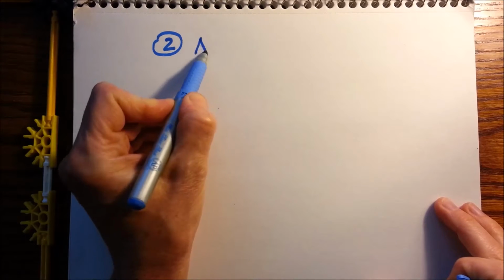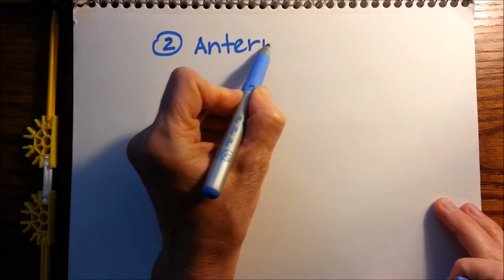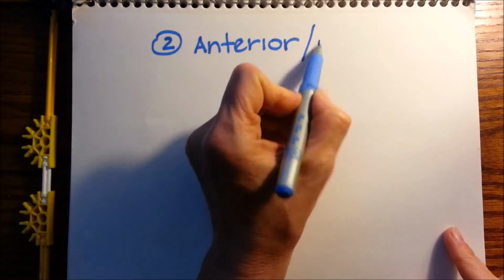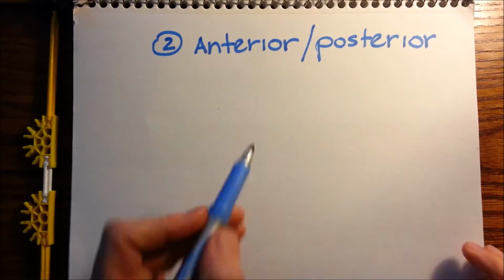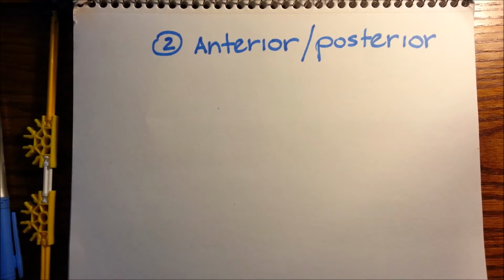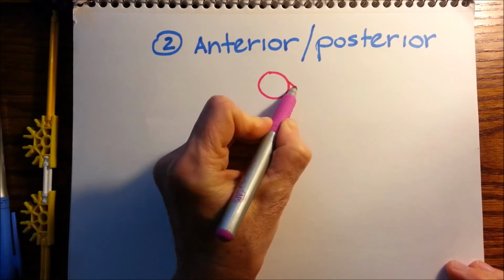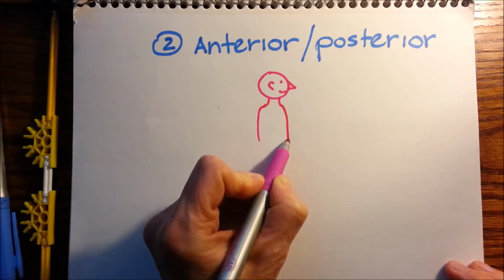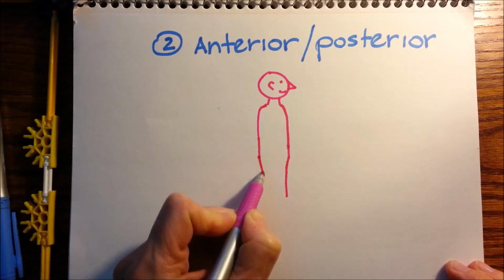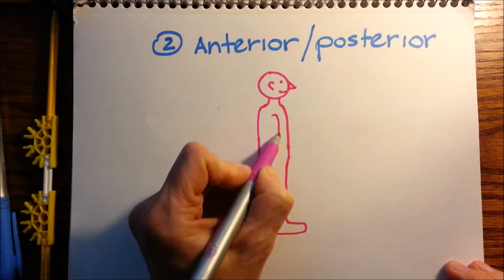The other word pair is the anterior and posterior. Anterior is the front, posterior is the back of the body. The most forward part, the face, the chest, and the abdomen, are the anterior parts, and posterior structures are those towards the back side of the body.